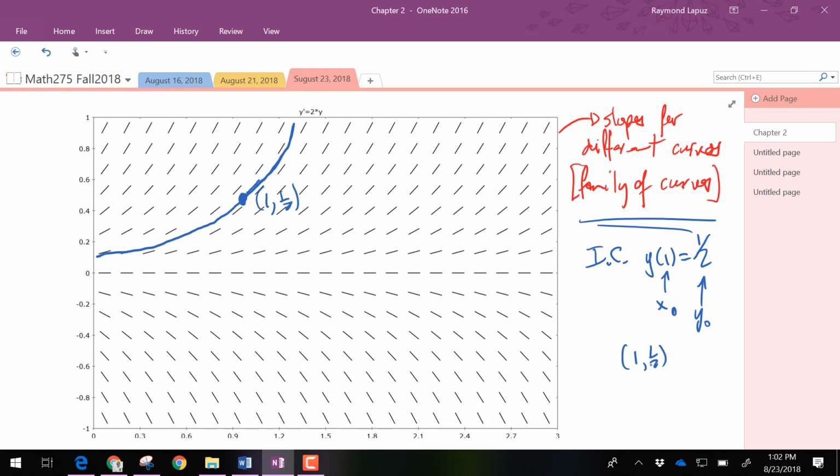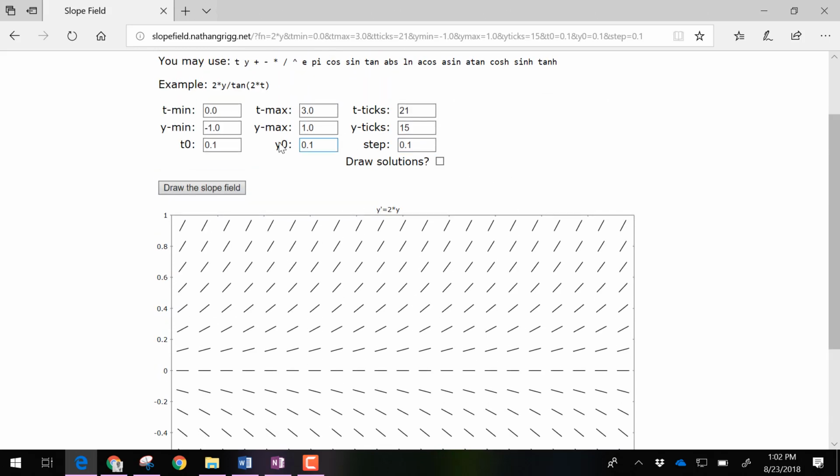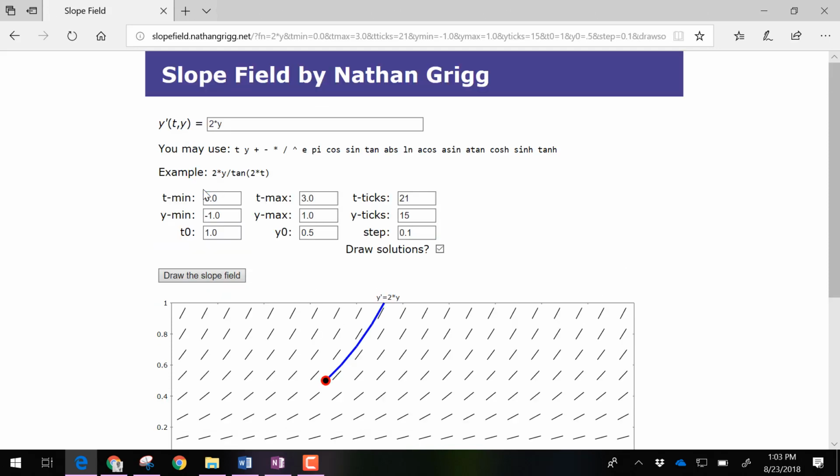We could probably try to find out exactly what this is, but for now, let's just take a look at the graph. Most of these tools actually allow you to input your own solution. So when x is equal to 1 and y is equal to 1/2, you can ask it to draw the solution for you, and it would draw it starting from that point.